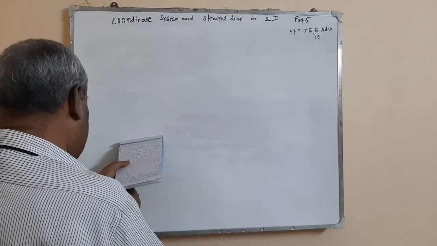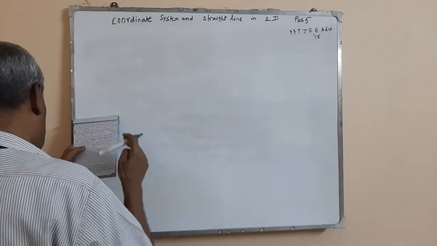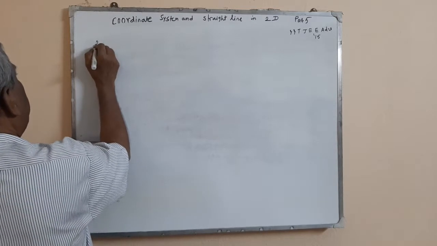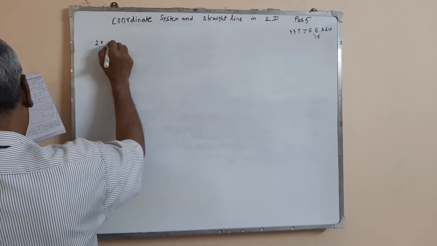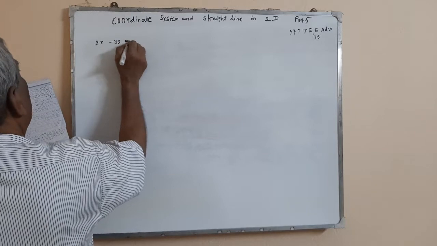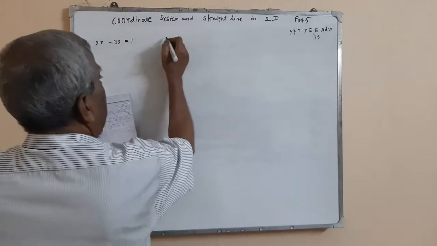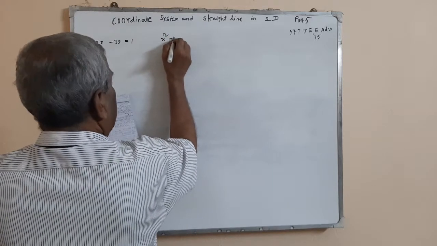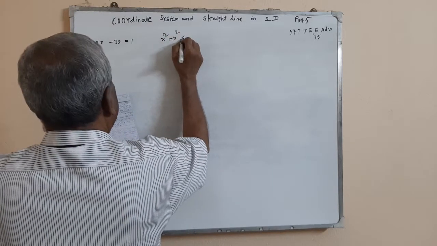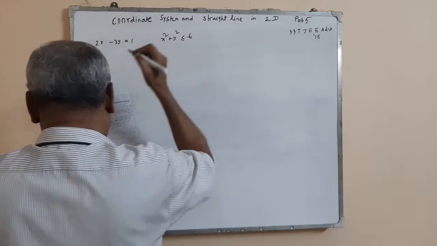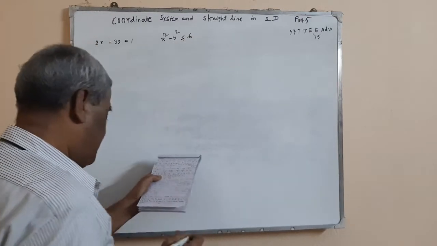The straight line 2x minus 3y is equal to 1 divides the circular region x square plus y square is less than or equal to 6 into two parts.